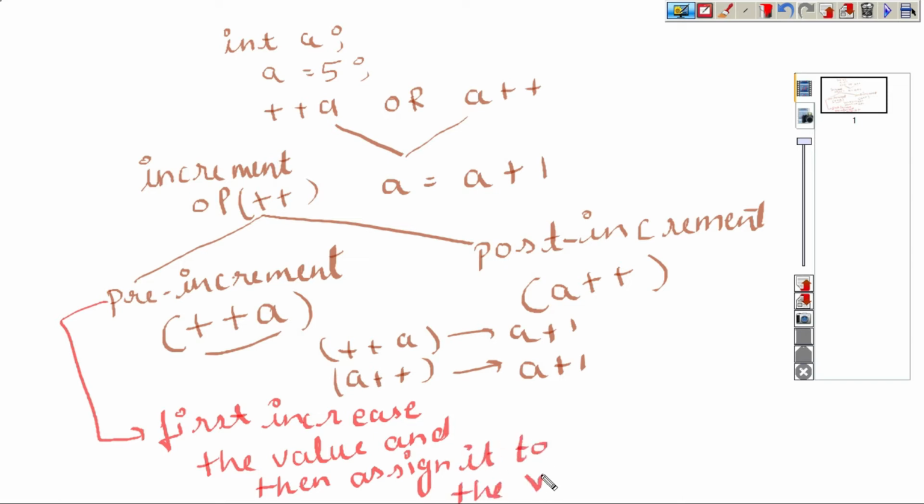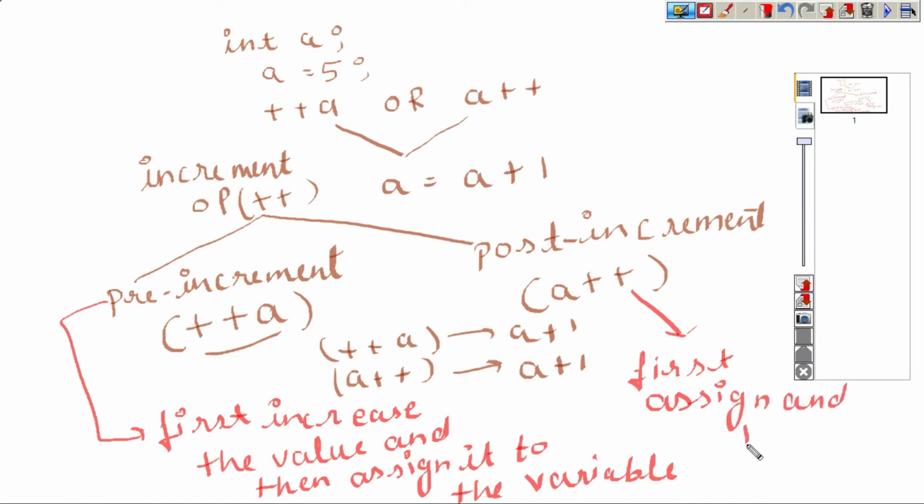I will explain what it means. And post-increment first assigns and then increments. This is about post-increment. So this is the basic difference.